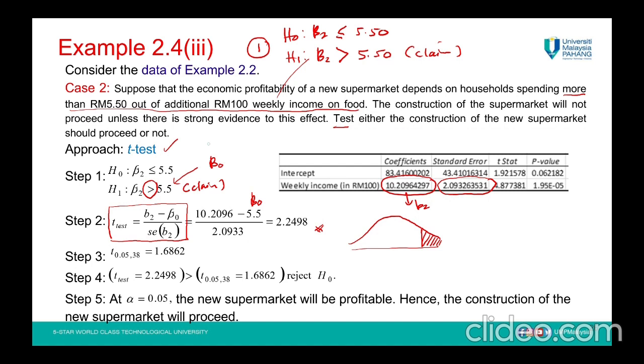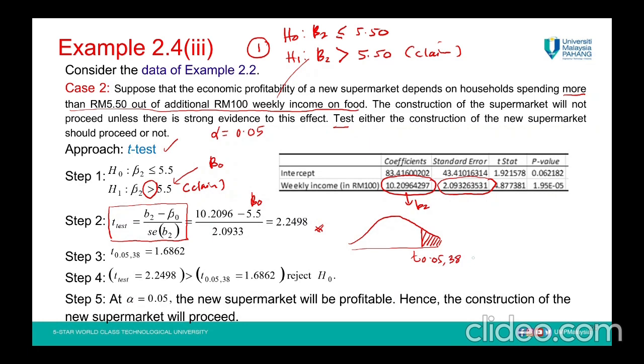When we look at the question given, the value of alpha is not given, so we need to use the standard alpha. The standard alpha is 0.05. So the critical value here is t 0.05 with degrees of freedom 38. The value of 38 comes from the number of data, in this case 40, minus 2.